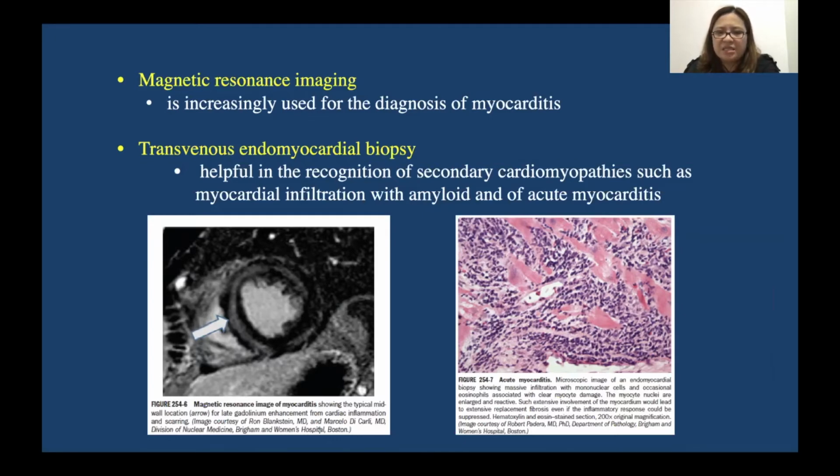There is massive infiltration of mononuclear cells and occasional eosinophils, with associated clear myocyte damage. Later on, in the course of the disease, this will be extensively replaced by fibrosis, even if the inflammatory response can be suppressed.